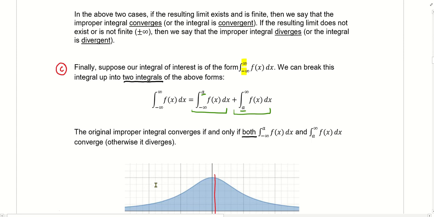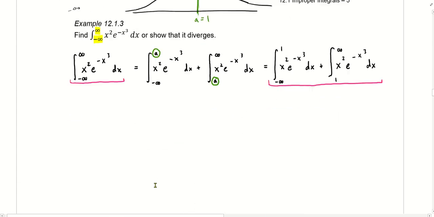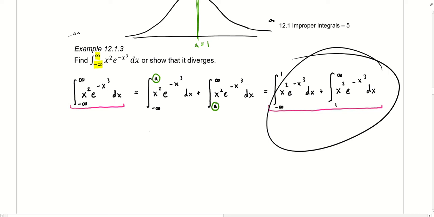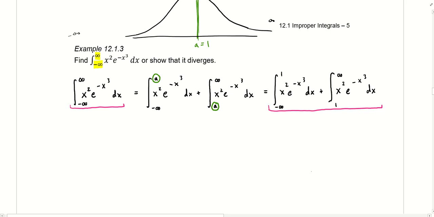And what I'm getting to with that is, rather than do both of these integral evaluations at once, what I like to do is I like to always start with just one of them and just play around with that. If it shows convergence, then I'll have to look at the other one. But if it diverges, then I've already got my answer about the original integral. Because if one of these two diverges, at least one of them, the original one does as well.